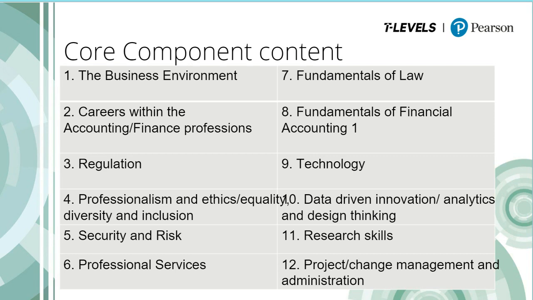In element 2, careers within the accounting and finance profession, they follow the same pattern, but they are tailored to finance professions or accounting professions as appropriate. So there will be content that is similar, but there will be things that are different within that. In element 3, regulation, if you've been in the accounting qualification, you might want to make a note that the role of professional bodies is added into the accounting qualification.